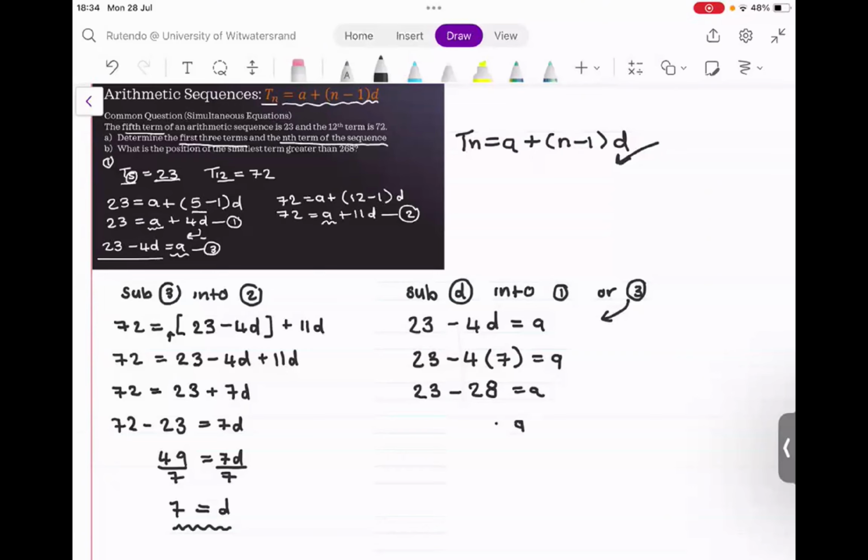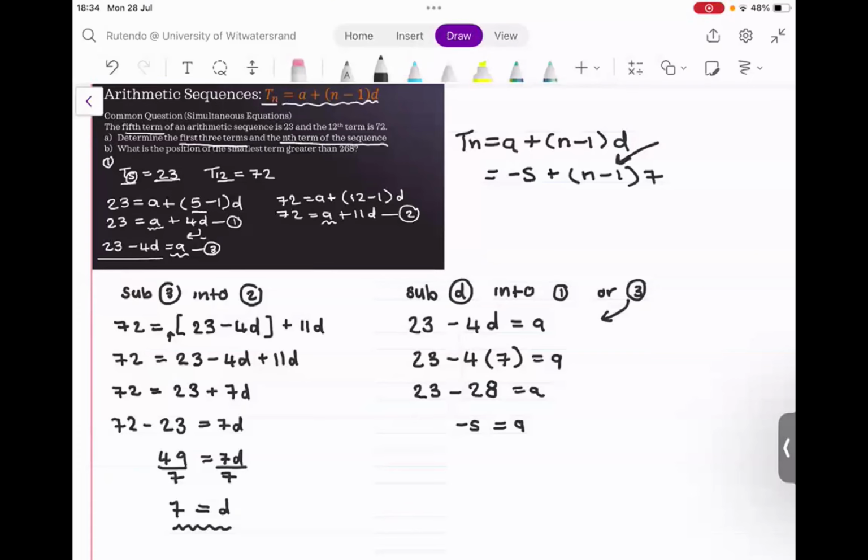So A is equal to minus 5. And so now I have my equation. I can now say that my A is minus 5 plus my n minus 1, and I have my D as being 7. Okay, so now we have all of our variables.